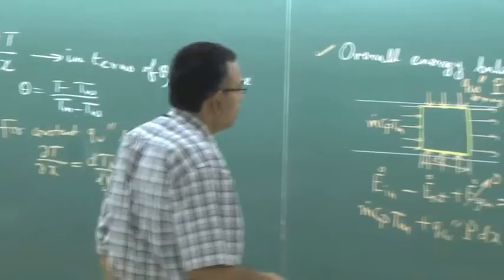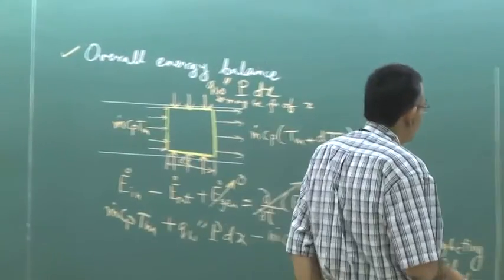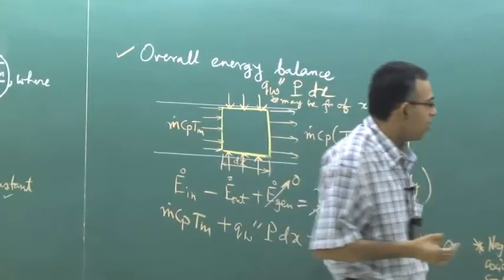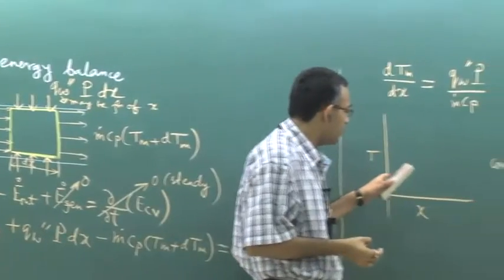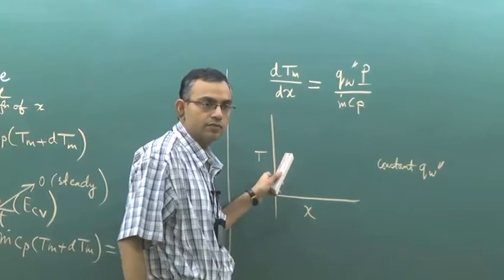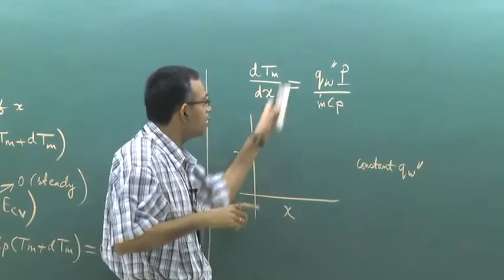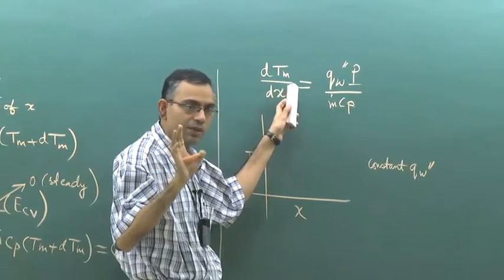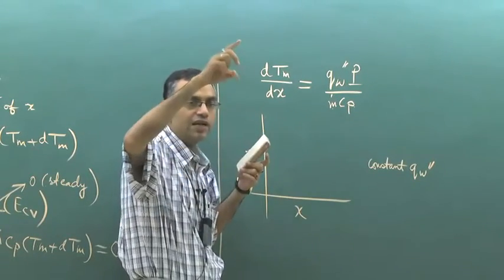So let us say that T wall is greater than Tm. Now what is the graph of Tm versus x? It will be a straight line because dTm/dx is a constant. Assuming that axial conduction is negligible, it is a single straight line throughout.